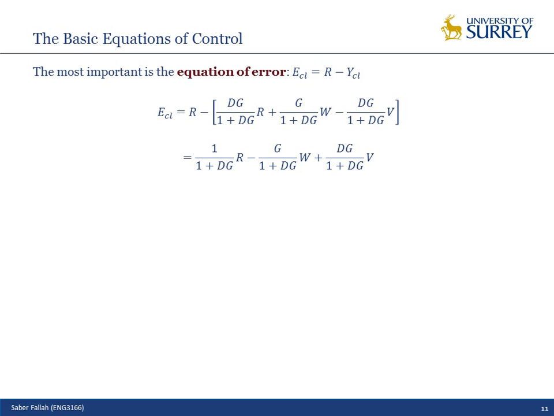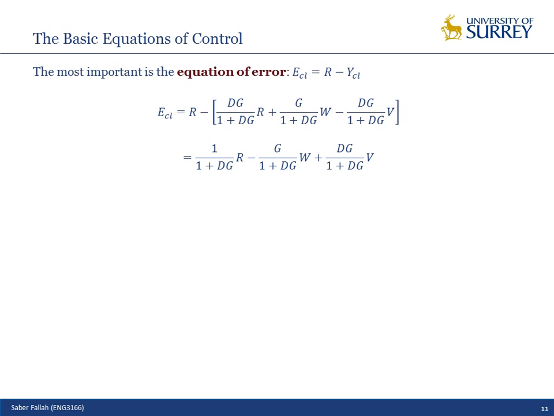If we design, look, we can't work with G because G is our plant. We can make it as perfect as possible as a passive system. We design the controller when we cannot do anything more with the plant. So I assume G is constant. If I choose or design gain D such that this gain is too high, so G over 1 plus DG is a small value, almost 0.